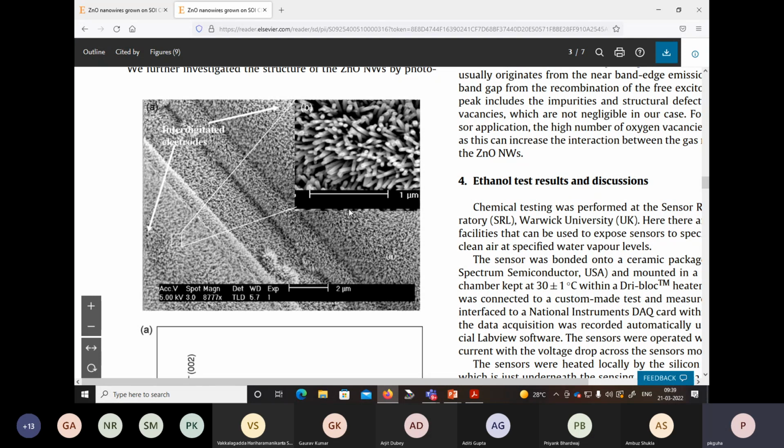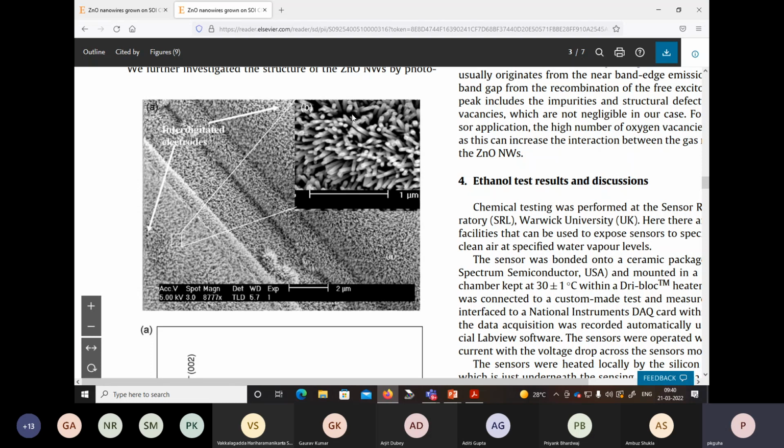So this is a zoom in view of this portion. And you see here, these portions are brighter. These nano wires or nano protrusions are brighter. Okay. So how are these images created? There might be a brighter portion and a darker portion. If these are nano wires, there are dark portions also here.